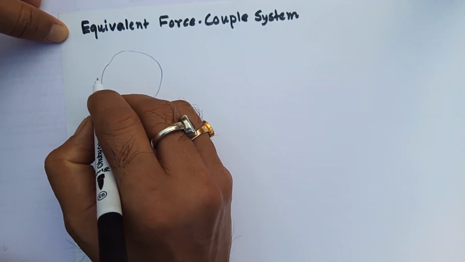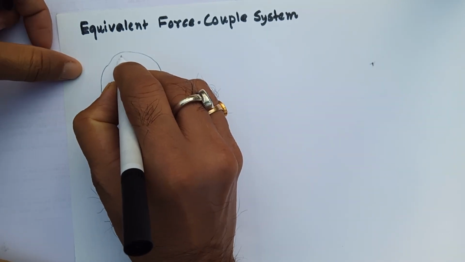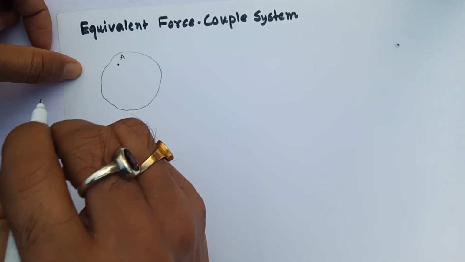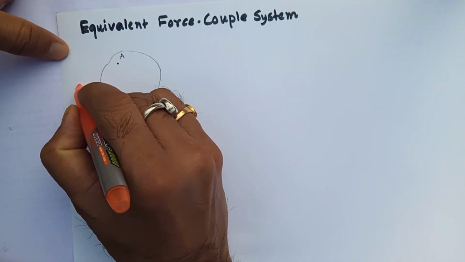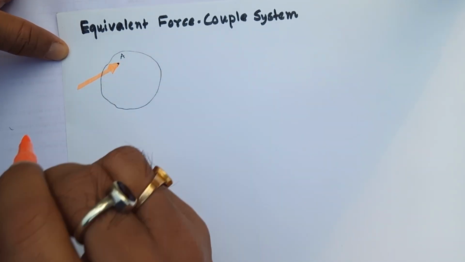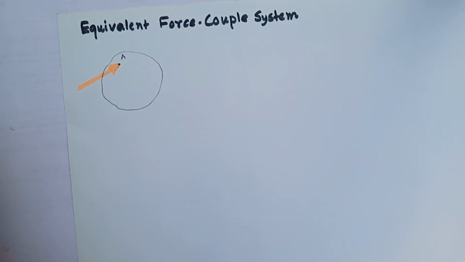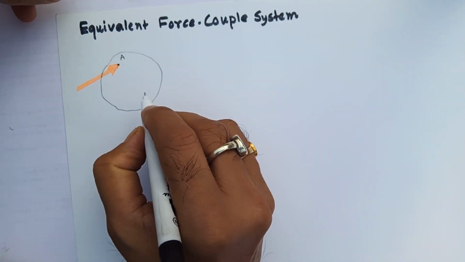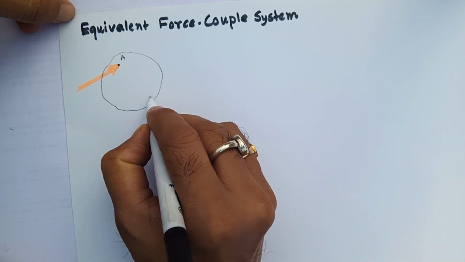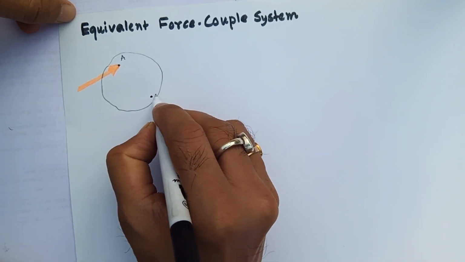there is one force acting at point A, that is this force. Now there is another point, say point B, on the rigid body.